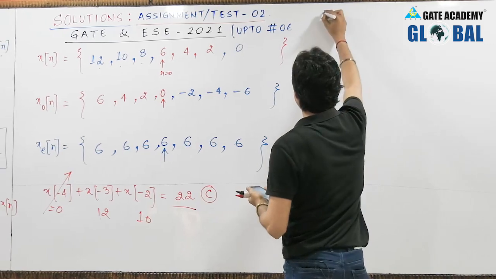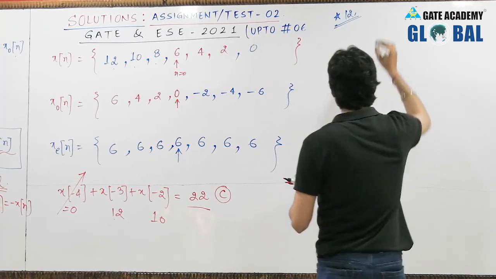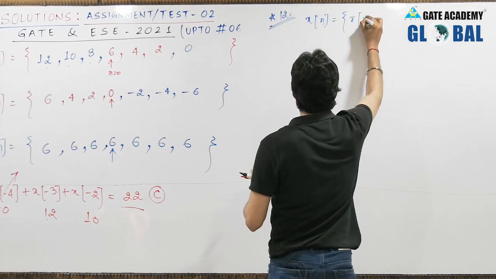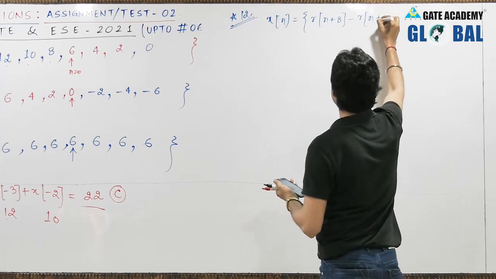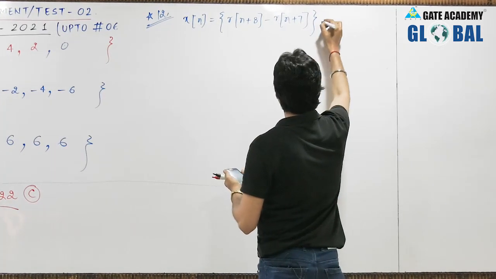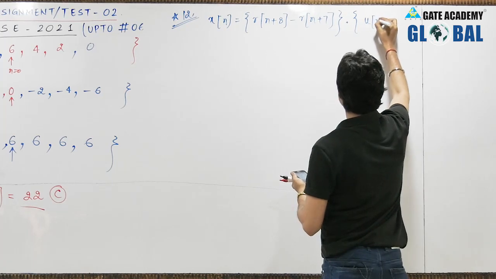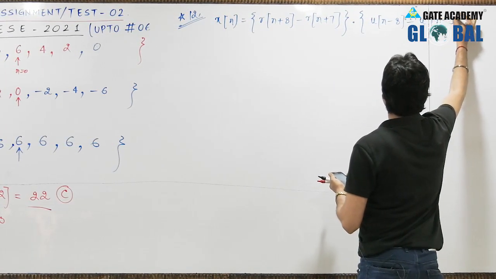Now if we see question number 12, in this question it is given that signal x of n is r of n plus 8 minus r of n plus 7, multiplied by a sequence that is u of n minus 8 minus u of n minus 9.